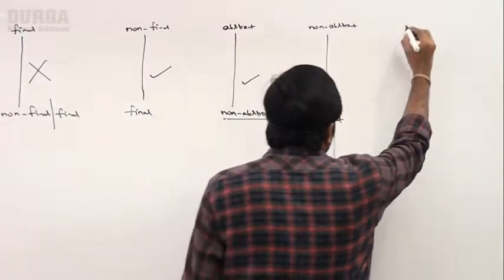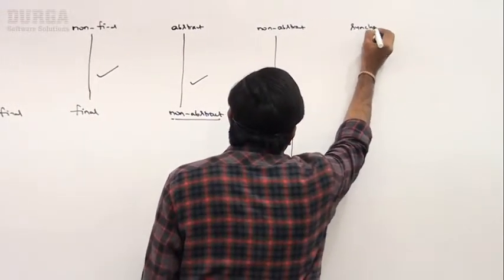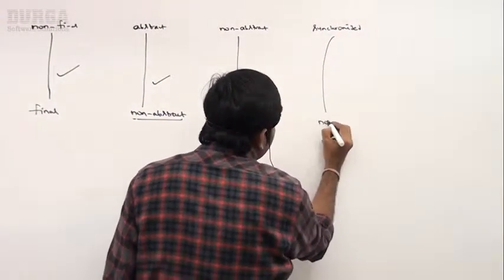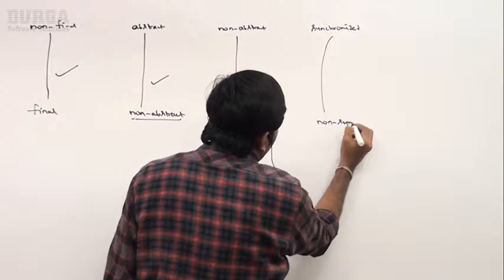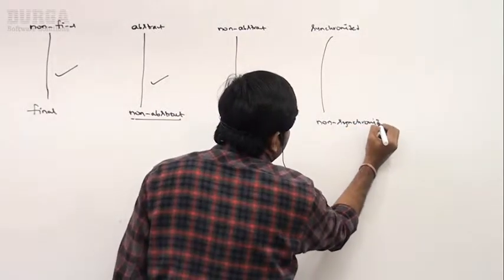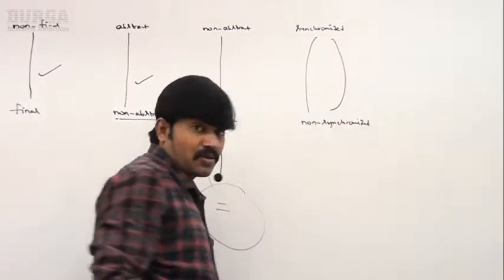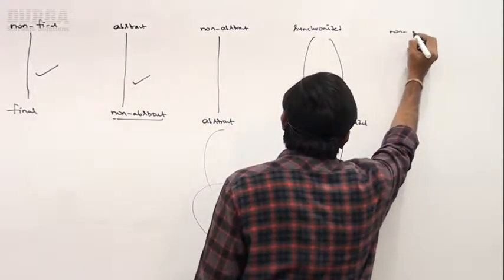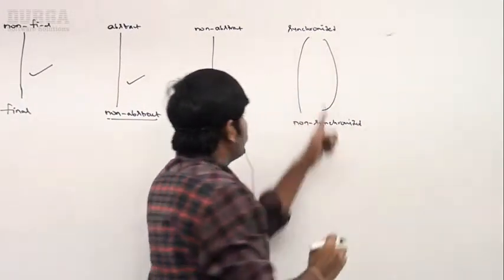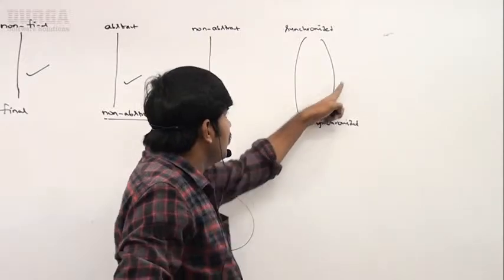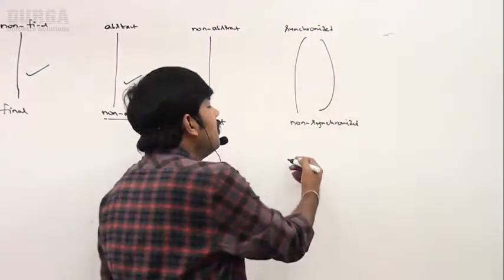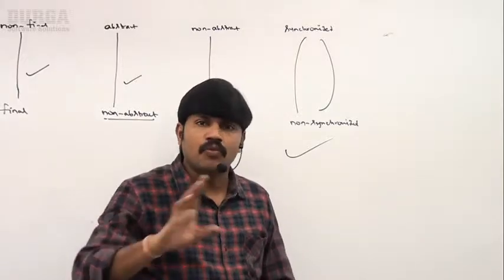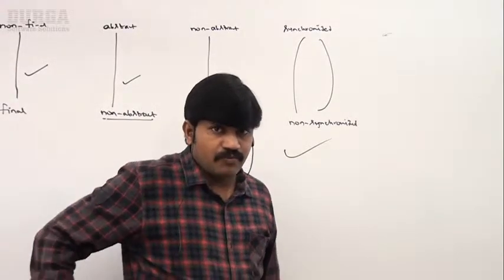If the parent method is synchronized, synchronized to non-synchronized, non-synchronized to synchronized, perfectly valid, because the synchronized keyword won't keep any restrictions in overriding.